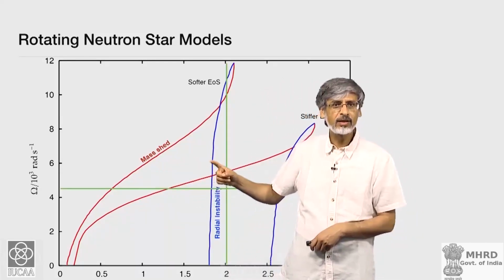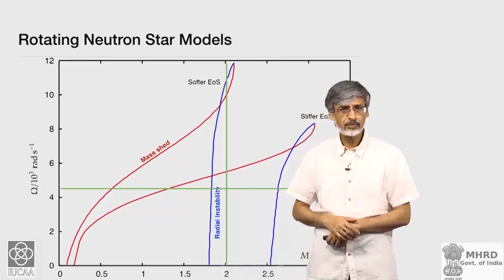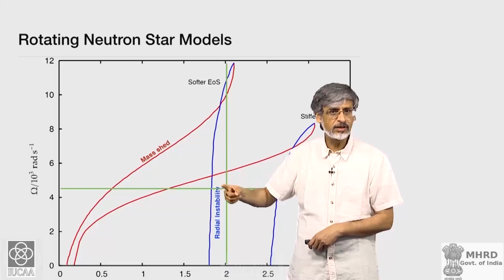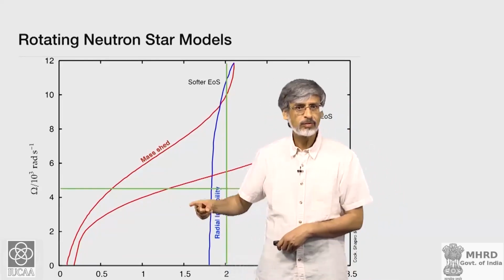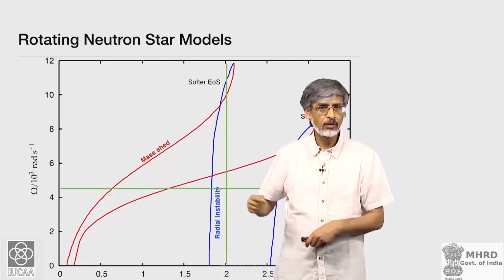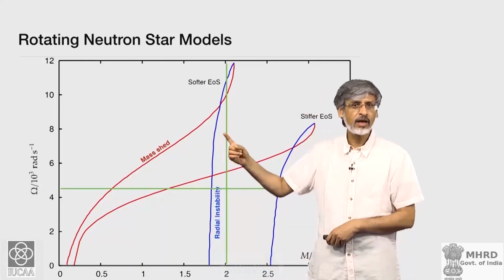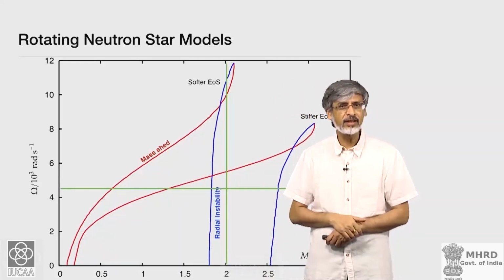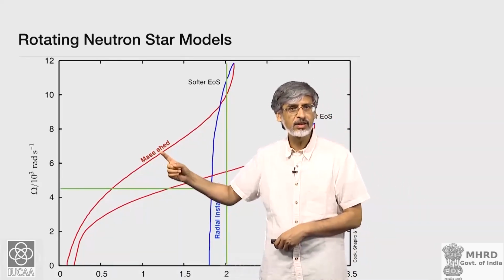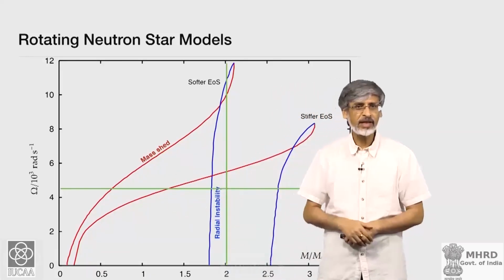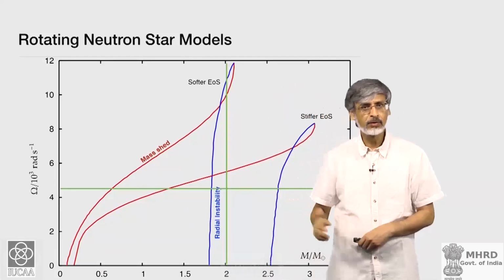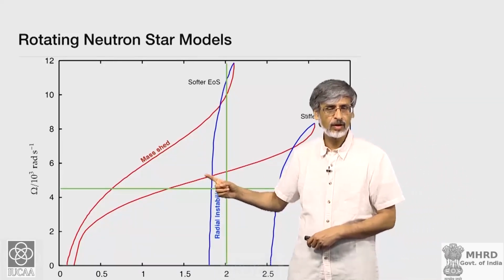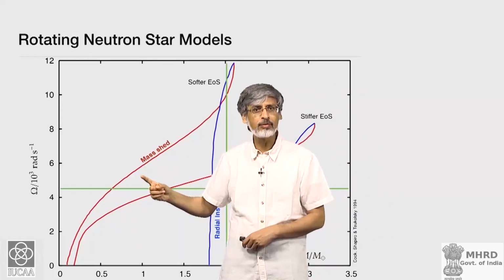The blue line is where the configuration reaches maximum mass and goes through radial instability, and the red line is where the configuration reaches maximum radius, and once you reach this radius, the matter is shed from the equator due to centrifugal forces, and the rotating configurations of neutron stars will lie between these two lines.